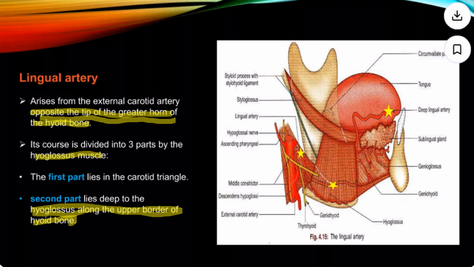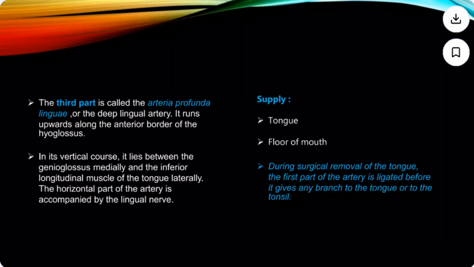So this is the lingual artery. The first part is in the carotid triangle, the second part is below the hyoglossus muscle, and the third part ascends upward and backward and enters the tongue. We'll be going into detail on all these branches.